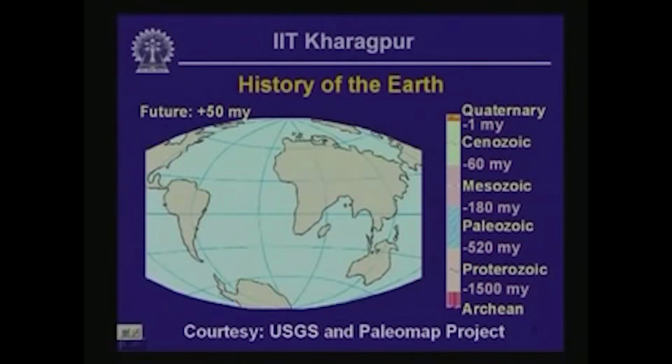The Atlantic Ocean opens up even further, and what you can see is that the Mediterranean Sea has closed up, and the continent of Africa has totally converged with the Eurasian continent.